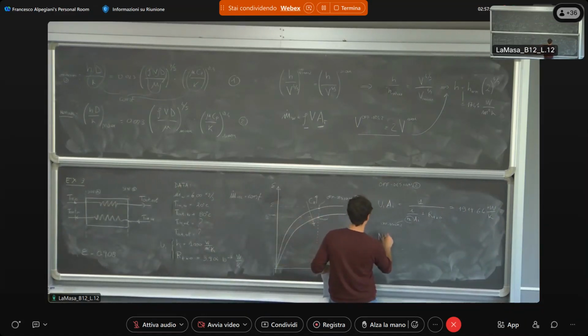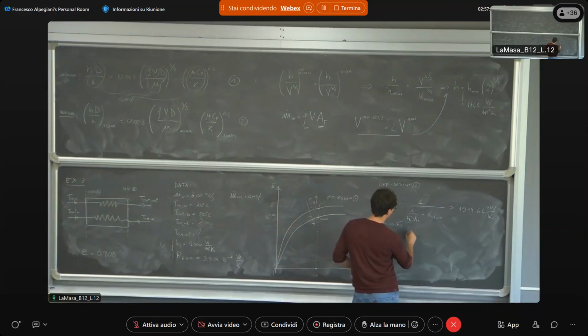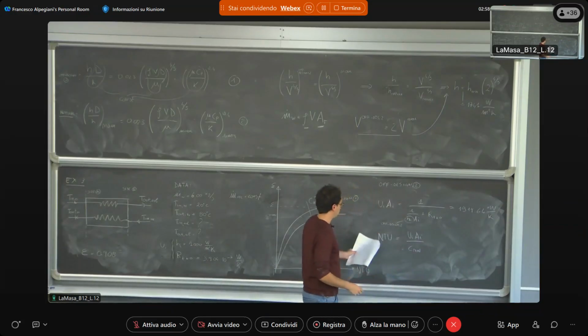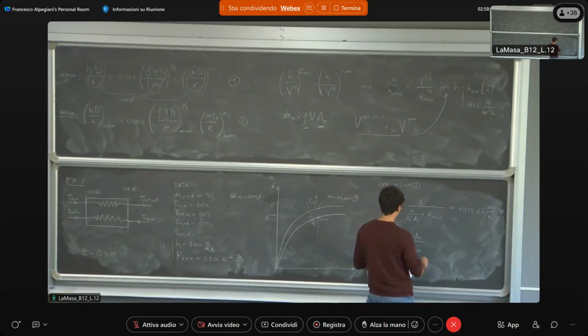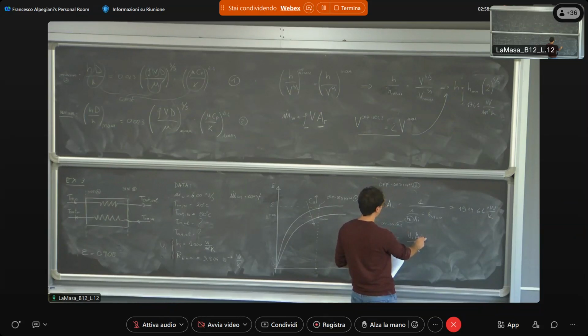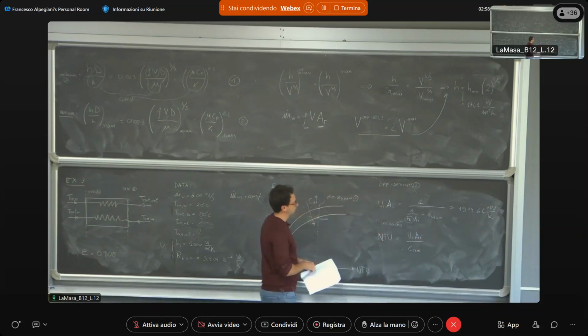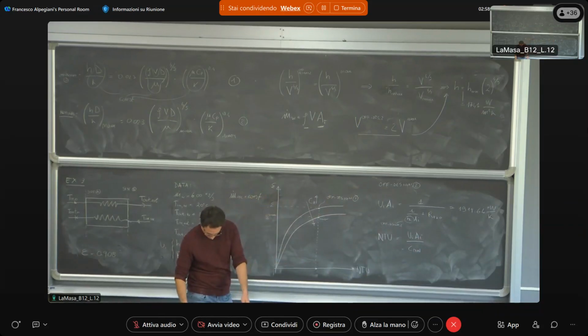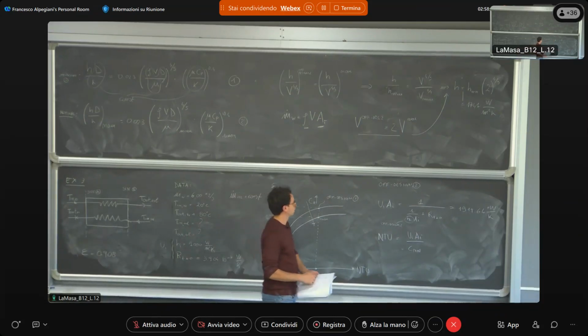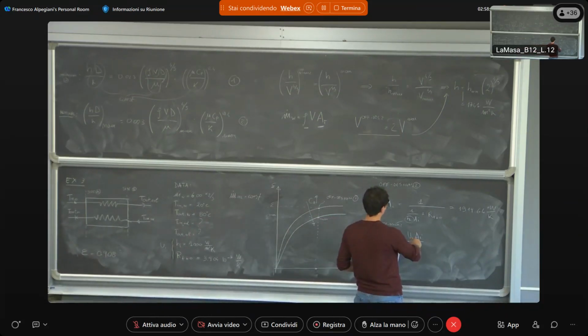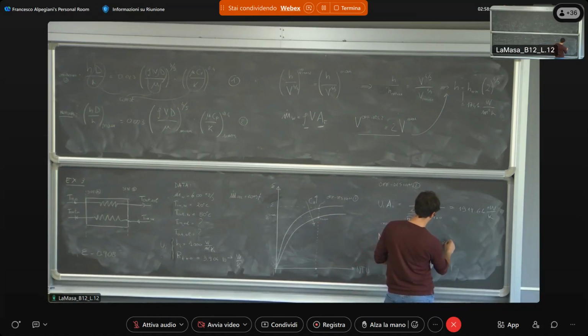And so we can compute the new NTU, because the NTU, we know that is equal to UIAI divided by C min. The C min is the same. The new NTU increases because UI times AI is greater. And this comes equal to 3.312.